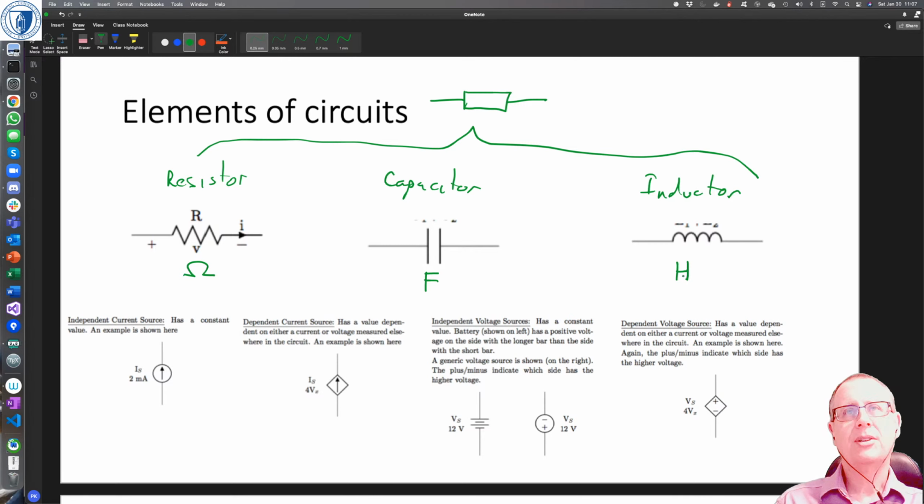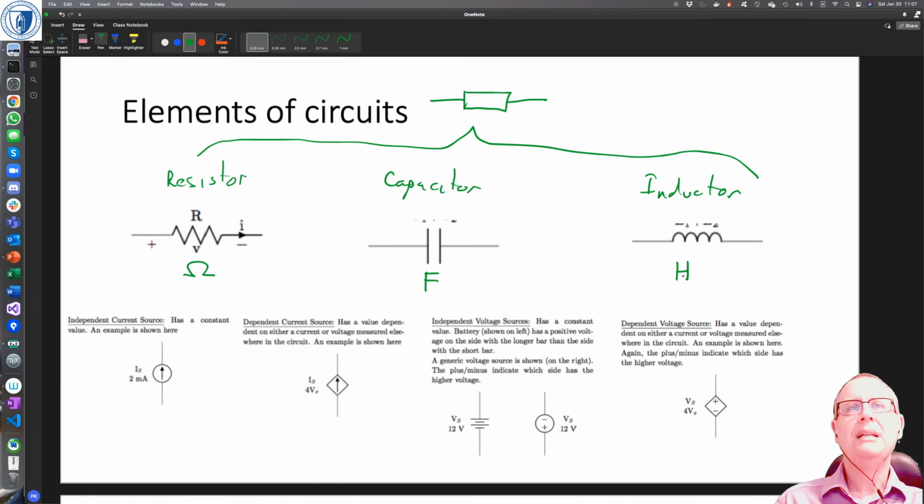That's about the only difference between dealing with resistors and dealing with resistors, capacitors, and inductors. The other circuit elements are power sources of one variety or another, and you can see all of the ones across the bottom.